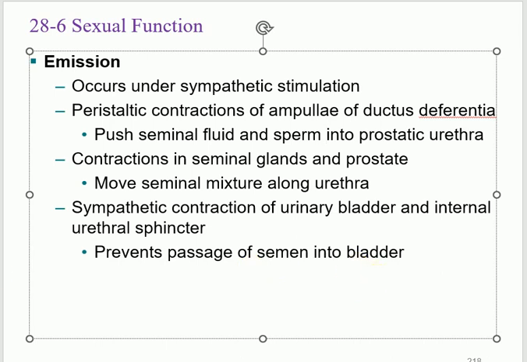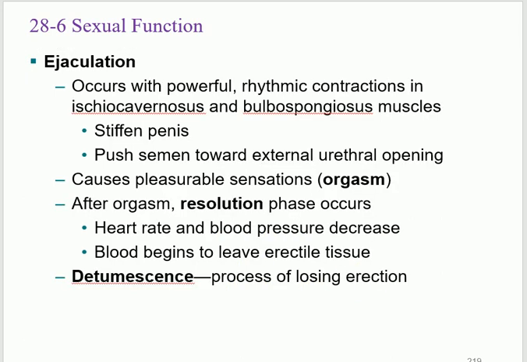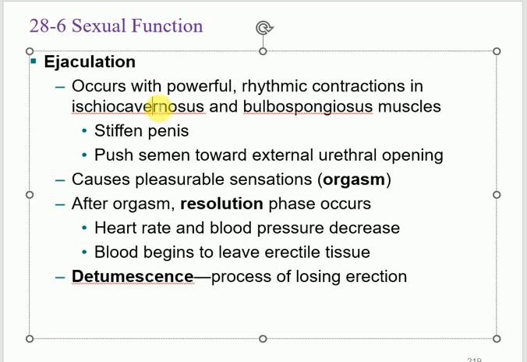Ejaculation is the next part, which is contraction of other parts. You want it to ejaculate the semen out. It is already in the urethra. You want it out. So the muscles here are called bulbocavernosus and bulbospongiosus, cavernous and spongy. Remember these erectile tissues.